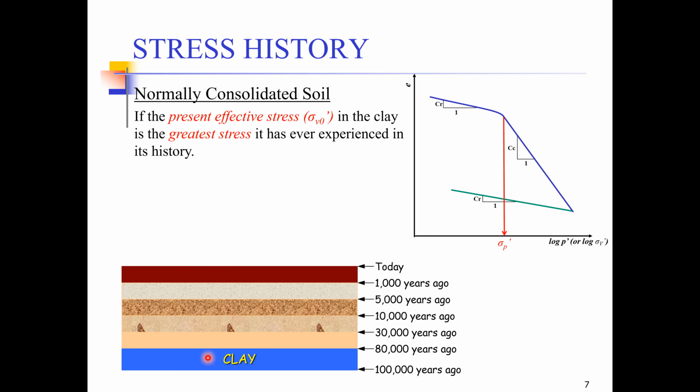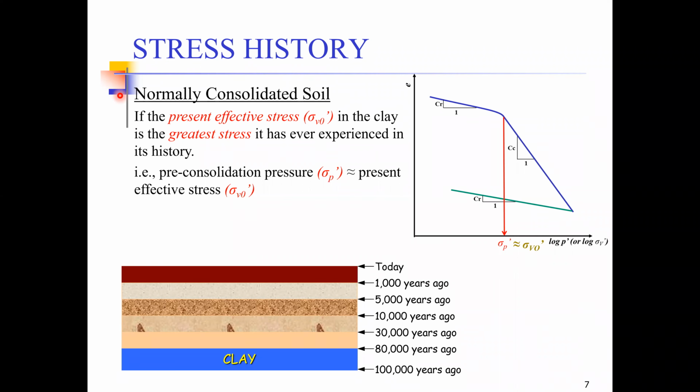So for a normally consolidated soil, the pre-consolidation pressure is almost equal to the present effective stress. So it means that this is the maximum pressure that has ever been experienced by the soil. In this case, the soil is called the normally consolidated soil.